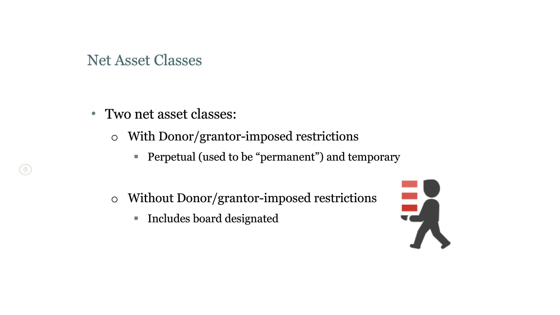You will still have donor-restricted assets by time and purpose, temporarily restricted, but they're all grouped together in one category with donor restrictions. And then I'll go through some of the disclosures that you'll still need to have as we go through this presentation. And those without, just like it does now, includes board-designated net assets. So right now, currently, they're in unrestricted. They'll stay in that category, without donor restrictions.